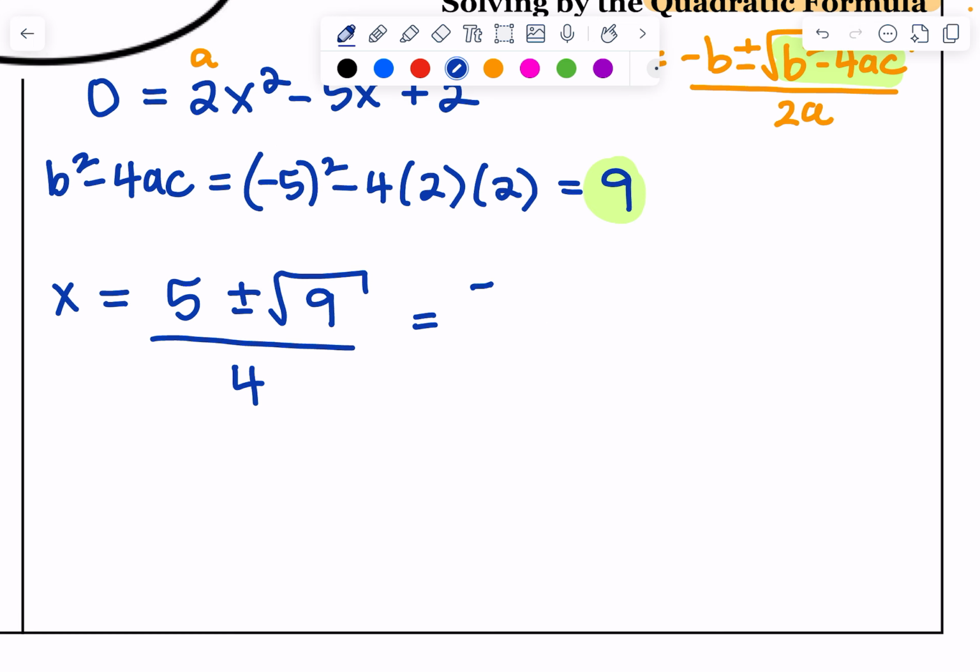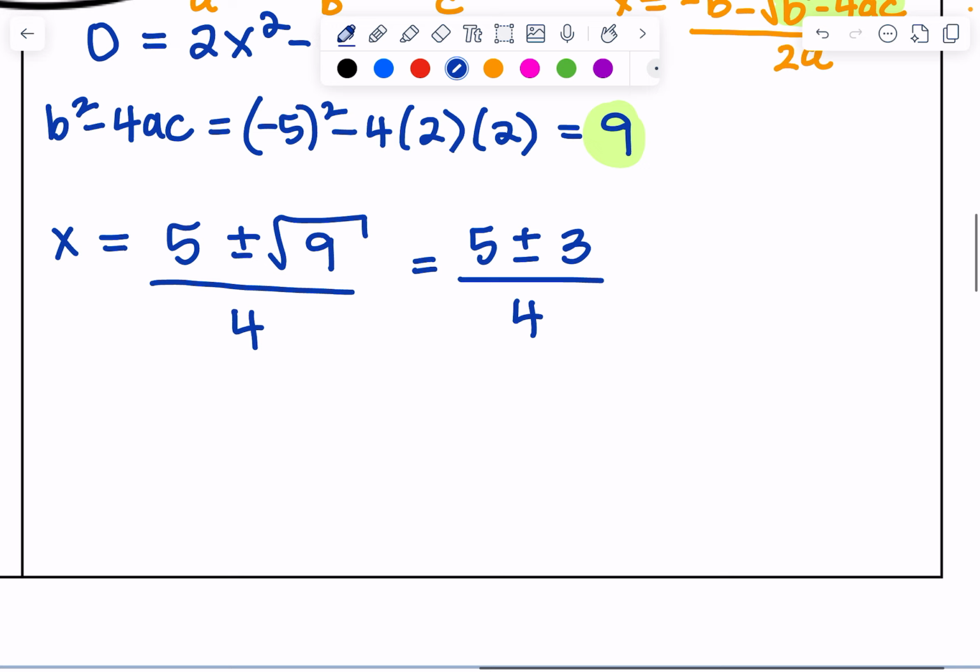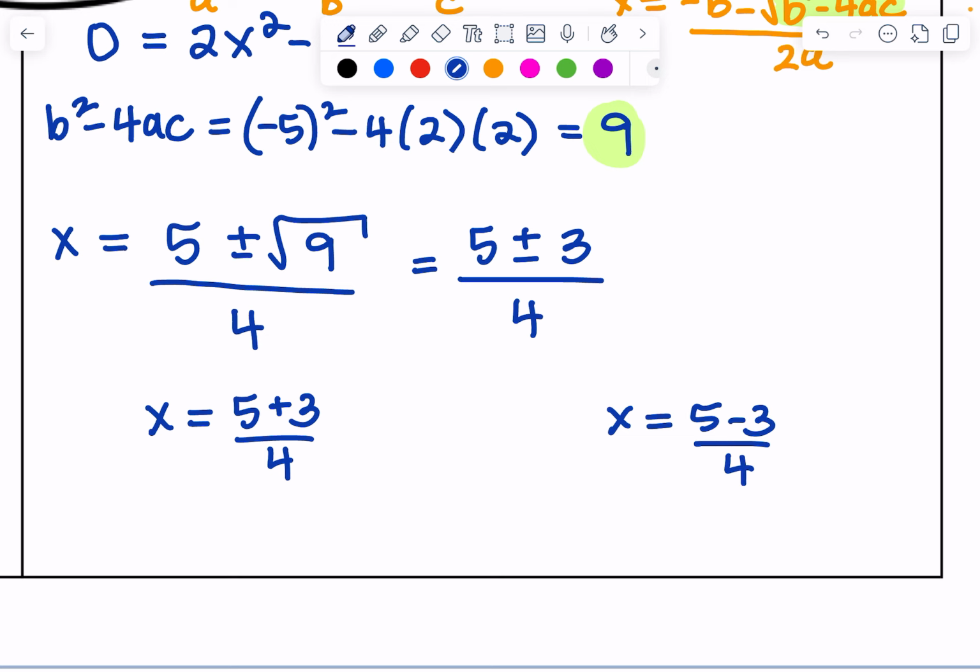When I simplify this, I can do 5 plus or minus 3 instead of the square root of 9. And so very similar to when I was completing the square, I have 5 plus 3 over 4 as one of my solutions, and I have x equals 5 minus 3 over 4 as my other solution, separating the plus and the minus.